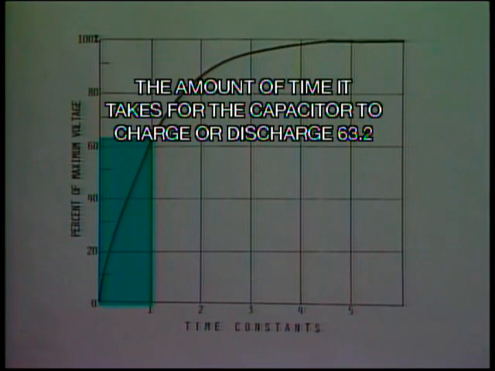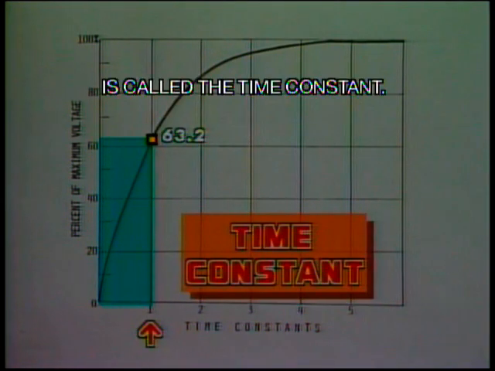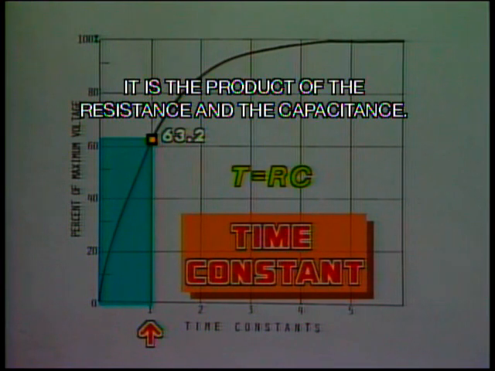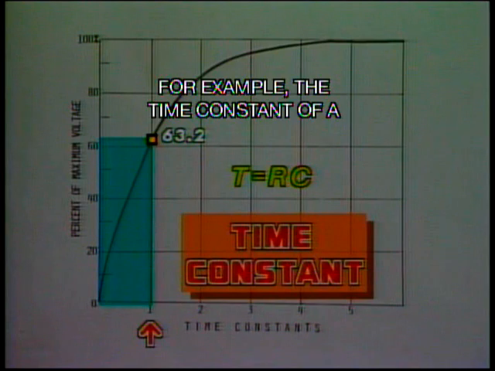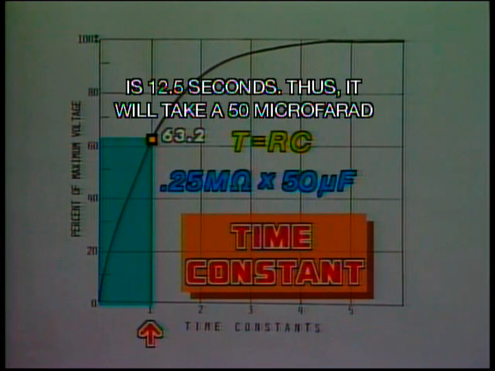The amount of time it takes for the capacitor to charge or discharge 63.2% of the value of the applied voltage through the resistor is called the time constant. It is the product of the resistance and the capacitance. For example, the time constant of a 0.25 megaohm resistor and a 50 microfarad capacitor is 12.5 seconds.